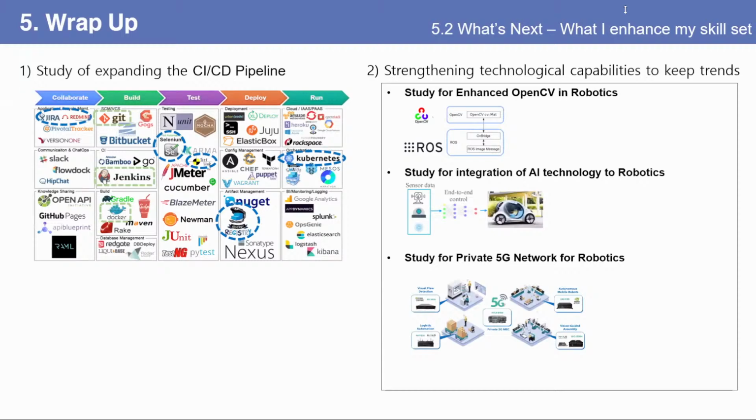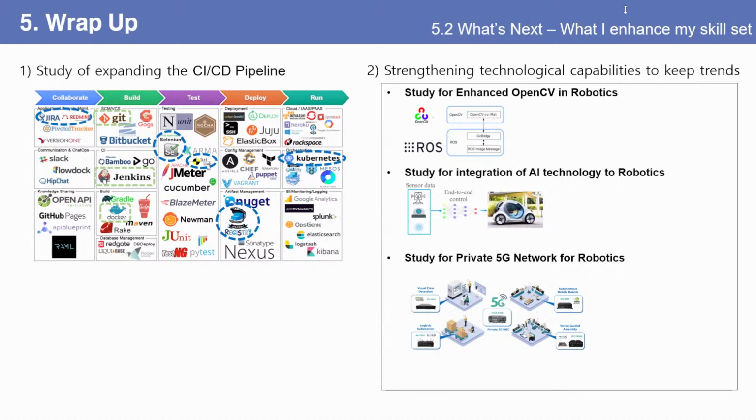And then here are the items I will try to study more as next steps. One is expanding the CI/CD pipeline stack, for example Jira and Redmine, and for testing Selenium and TestLink, and deploying a Docker registry or private repository. Also some related orchestration, like Kubernetes.